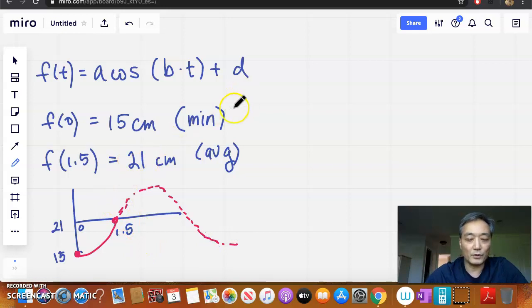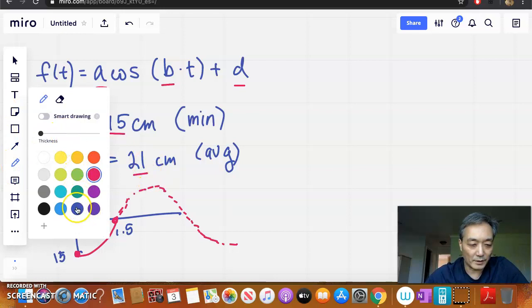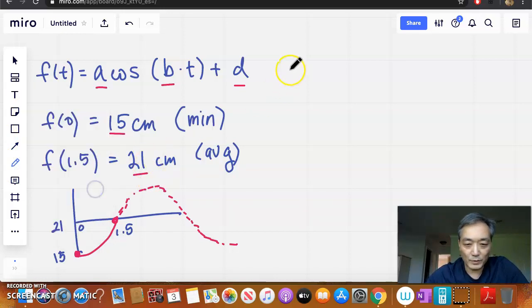Now we're definitely going to need amplitude, frequency, and midline. If you look here, we're already given the midline. There's your D. And this, of course, is your minimum value. So we can easily find the amplitude, because the amplitude is just this distance right here, the distance from the midline to the min, or midline to the max.